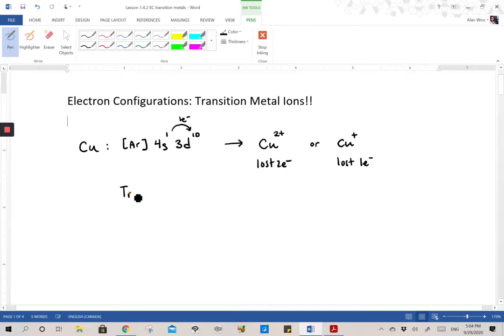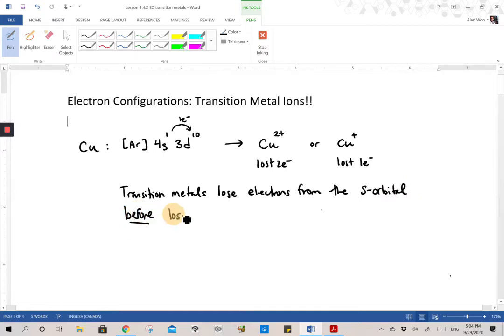Transition metals tend to lose electrons from the s orbital first, before losing from the d.